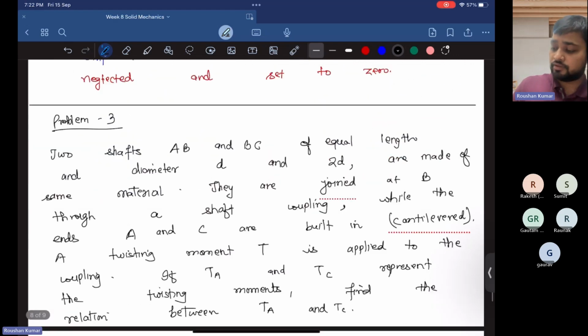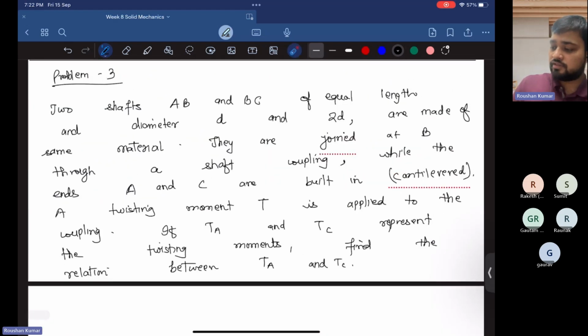So I am repeating the question once again. Two shafts AB and BC of equal length and diameter D and 2D respectively are made of the same material. So there are two shafts of equal length and different diameters. The first shaft has diameter D and the second shaft has diameter 2D, and both are made from the same material.